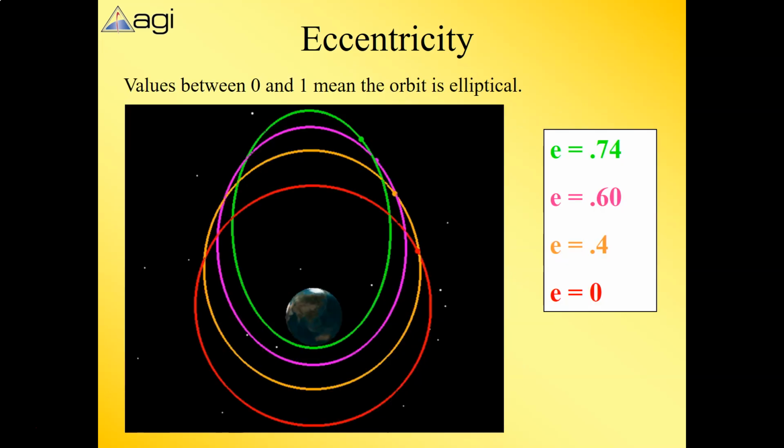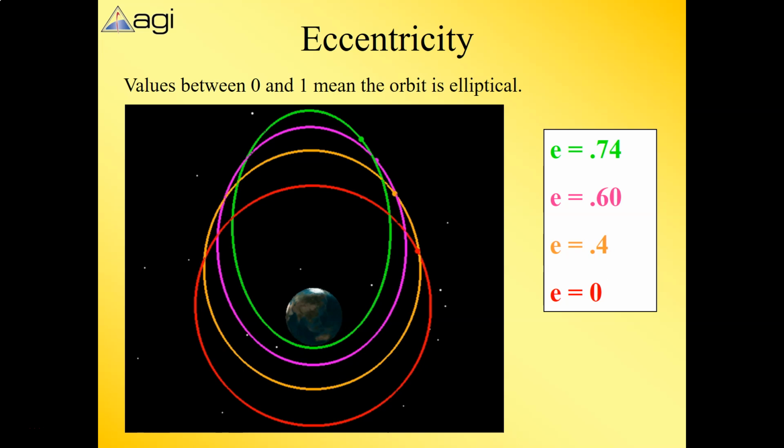All right, in this slide, we're looking at some examples of orbits that only have their eccentricity changed. Everything else about them is the same. The eccentricity of the green one is getting closer and closer to that one value, 0.74. The eccentricity of the purpley pink one is 0.6. The eccentricity of the orange one is 0.4.